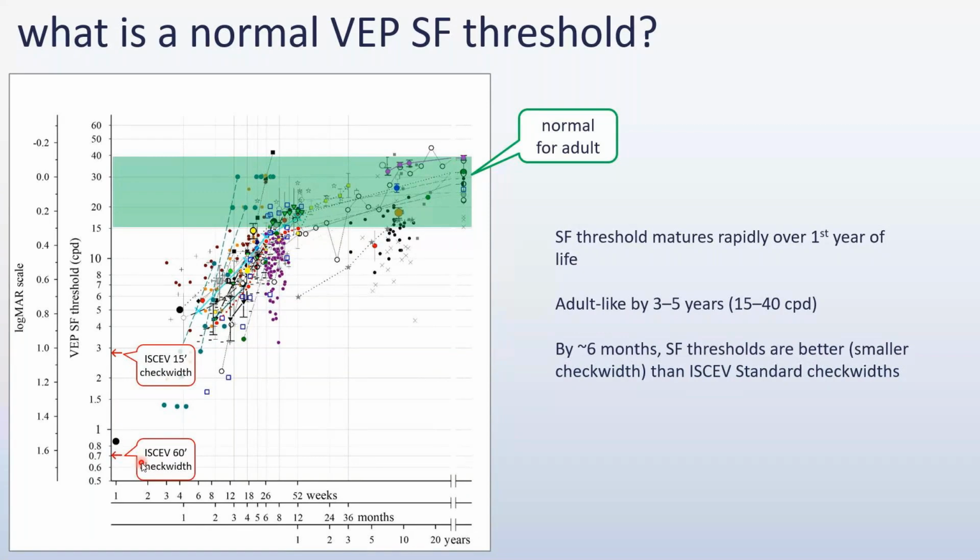So this is the large check and this is the small check. So if we consider, for example, even a 6-month-old child, a 6-month-old child's spatial frequency thresholds are maybe about 7 to 15 cycles per degree, something like this. So already much, much smaller than even the ISCEV standard small check width.